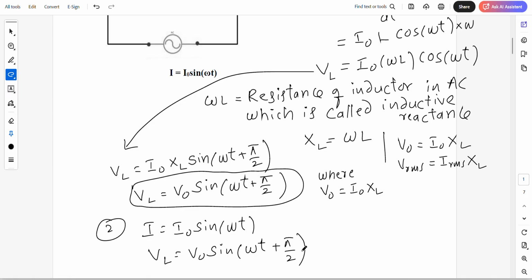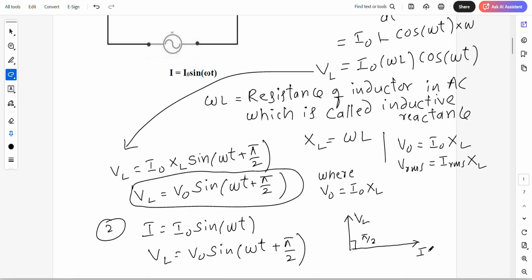Now this is the phasor diagram or vector diagram of current and voltage. If this is I, VL will be exactly 90 degrees, leading by 90 degrees. This is pi by 2.